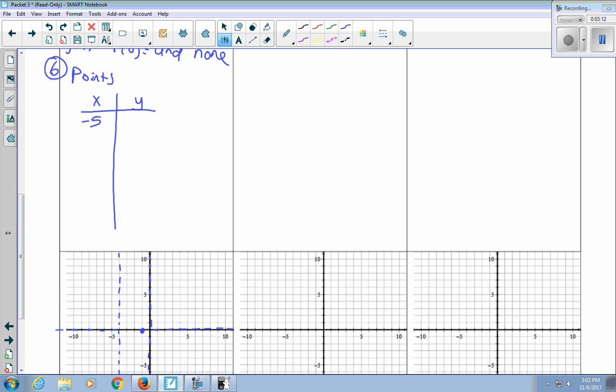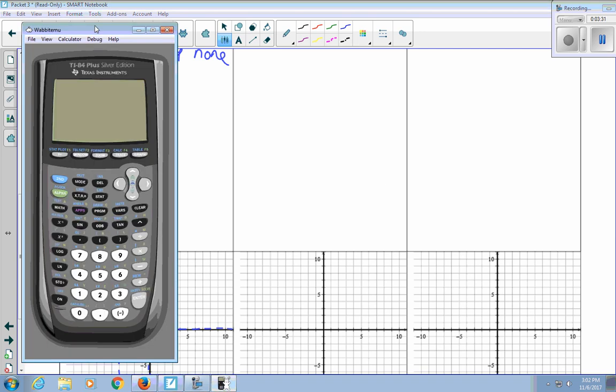Something between -4 and -1, maybe -2. Something between -1 and 0, maybe -0.5. And something bigger than 0, maybe 1. And I'm going to plug all those x values into my function and see what I get for y values.